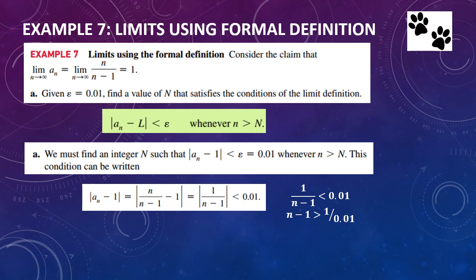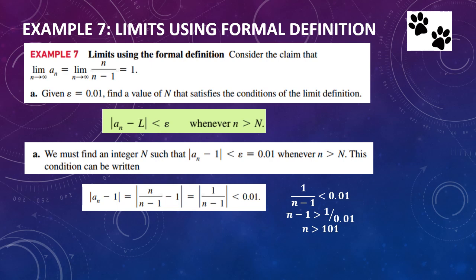So all I've done here is get rid of the fraction on the left by taking the reciprocal of both sides. So I get n minus 1 over 1, or just n minus 1, greater than 1 over 0.01, because this is 0.01 over 1. Well, this is equal to 100. When I add 1 to both sides, I get n is greater than 101.